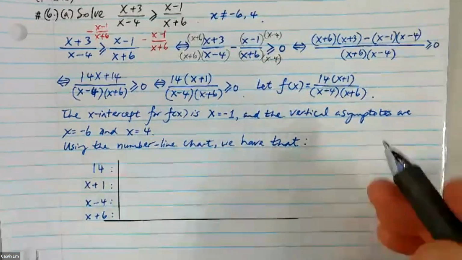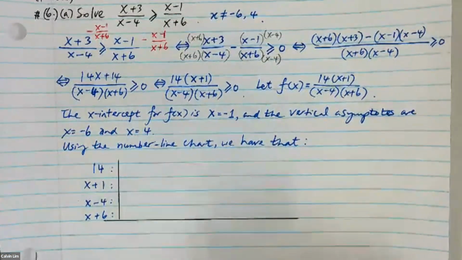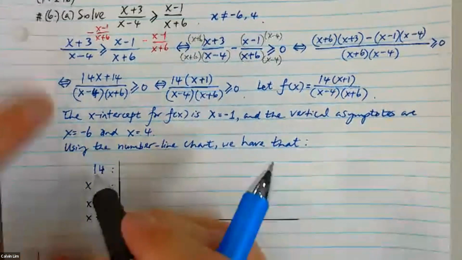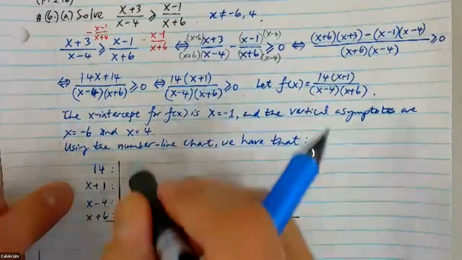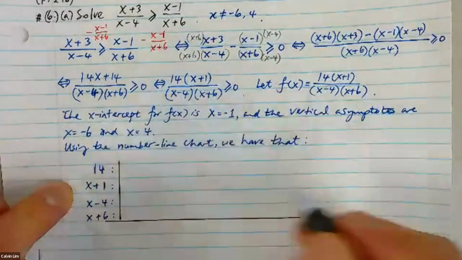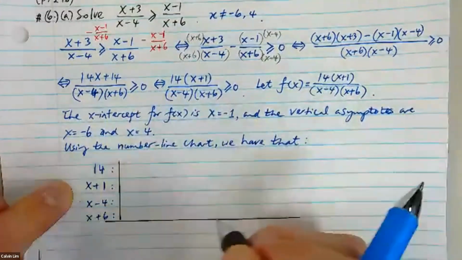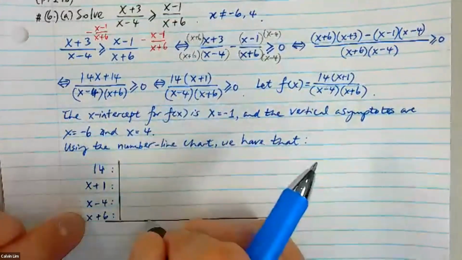And this is where we put down the number line. 14 doesn't have a zero. The zero for x plus 1 is -1. The zero for x plus 6 is -6.